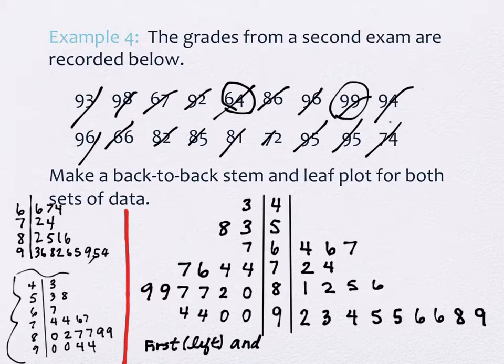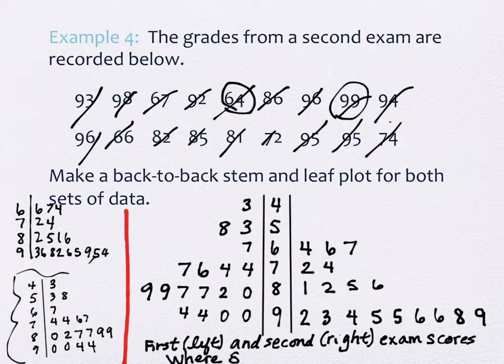And second. Exam scores. We still need to do what I did in the last one where I said where and give it a key. 8/0 is a score of 80.